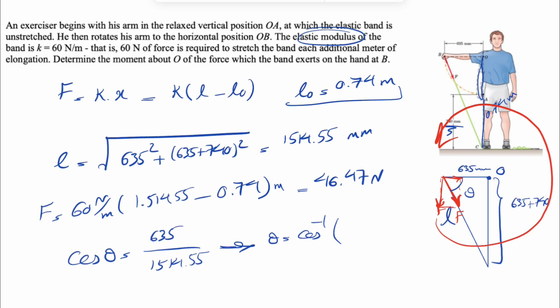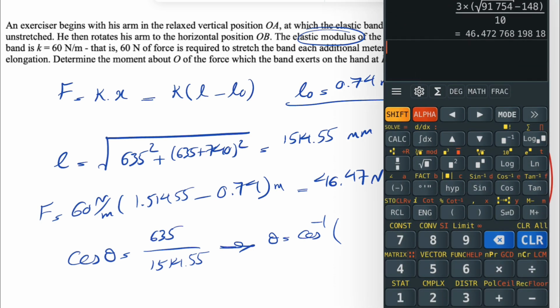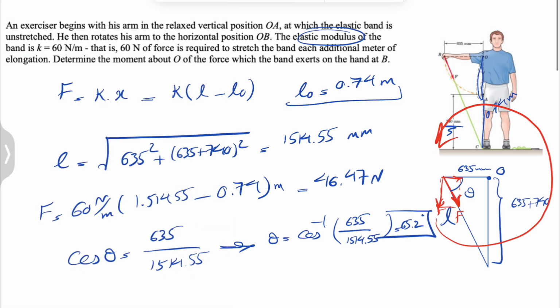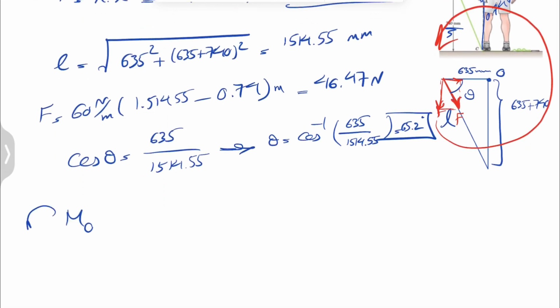So our theta would be cosine inverse of 635 divided by 1514.55. And this is going to give us 65.2 degrees.